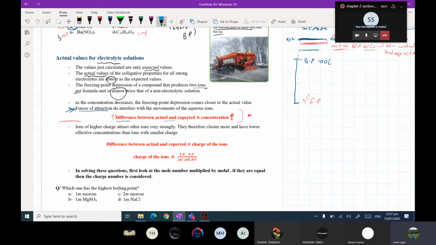This is the freezing point. Let's say the expected is here. This is expected. Okay. This is expected electrolyte. This one is non-electrolyte.